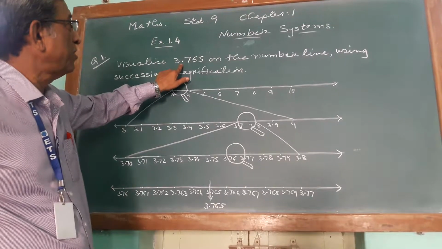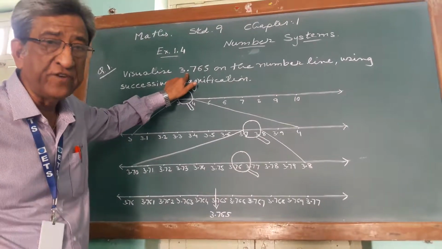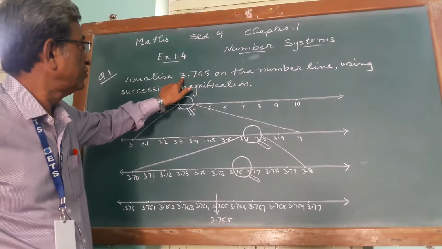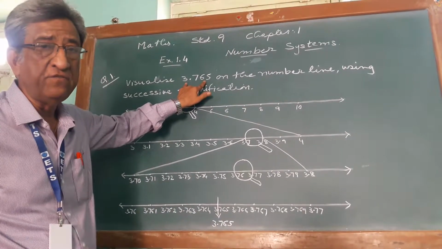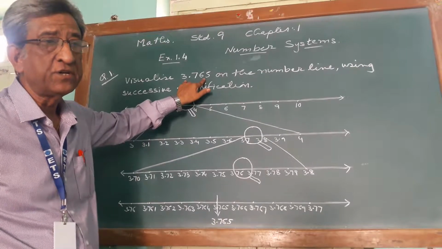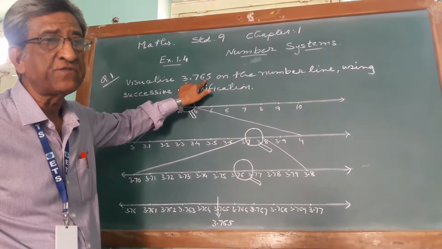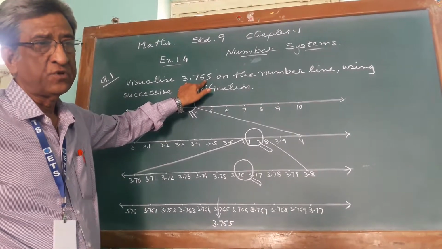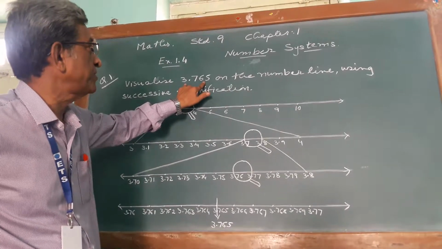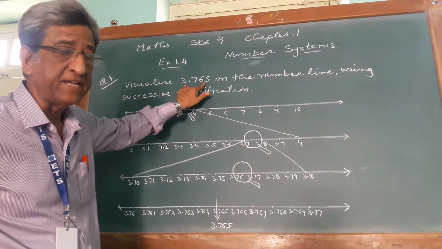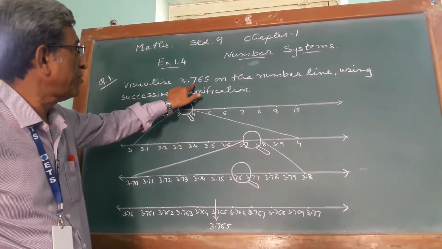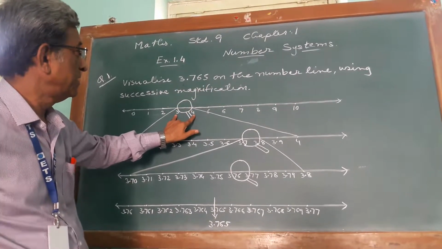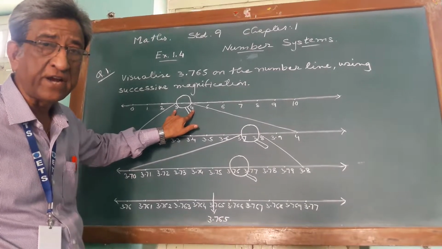First of all, you have to decide between which two integers 3.765 lies. It lies between 3 and 4.